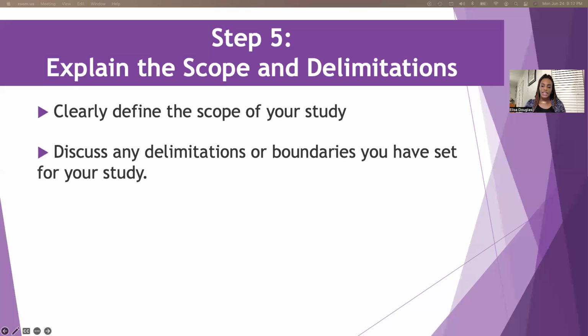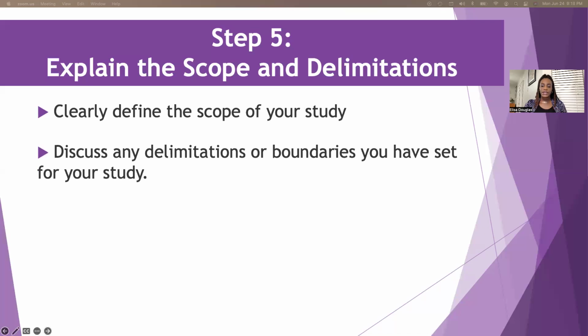So delimitations can include the population, location, or methodology of the study, but they will identify what will not be covered in the study and then why the choice was made to not cover those particular areas. You want to define the scope of your study.